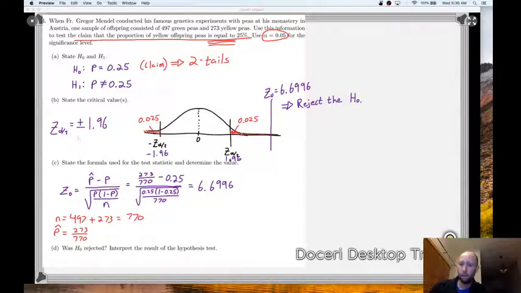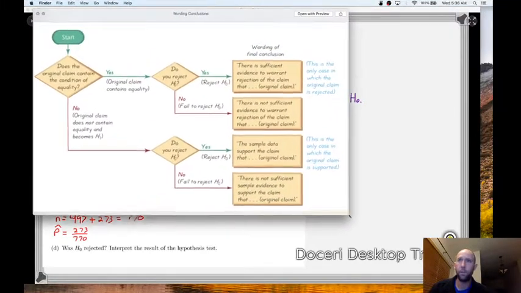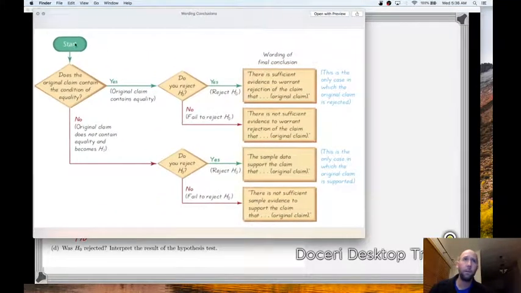One piece of information I find useful for wording the conclusions is this figure here. At the start, you go through and you read the problem. If the original claim contains the condition of equality, in this case we had yes, then that means our claim is the null.